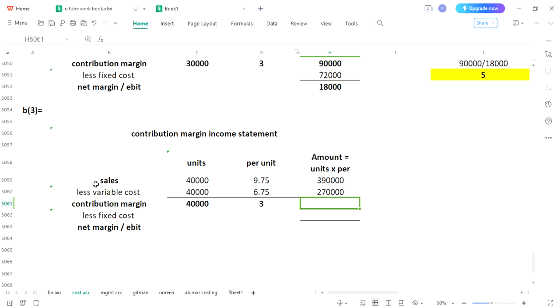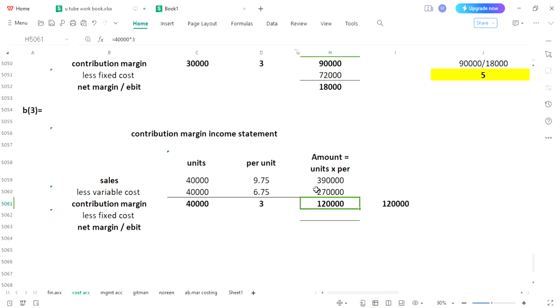Now we can calculate our contribution margin. First method is to multiply units and per unit contribution margin: units 40,000 multiplied by per unit contribution margin 3. In this way you have calculated your contribution margin. Second way, we can calculate contribution margin by taking the difference of sales and variable costs. Total amount of sale 390,000 is present over here, and we subtract total variable cost 270,000.